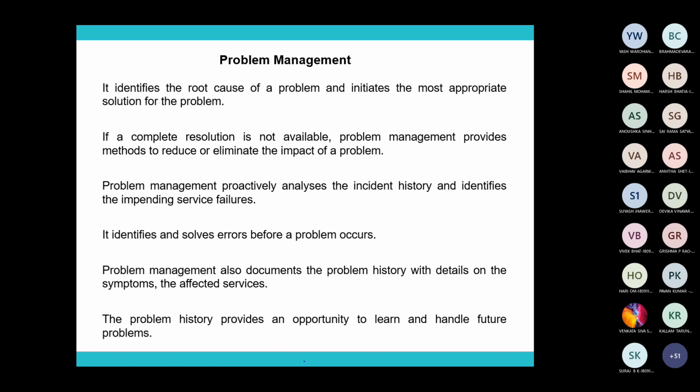Normally, when you resolve any issues, it can be done proactively or reactively. Proactive means before it happens, you analyze the history and predict that this component may fail. Reactive means once it has happened, you take appropriate measures once the component fails.